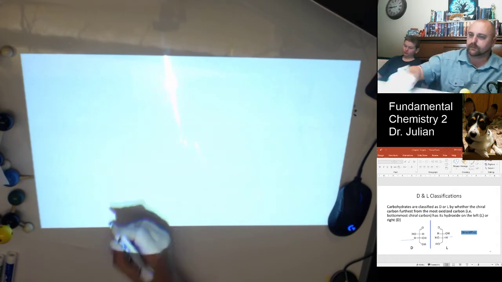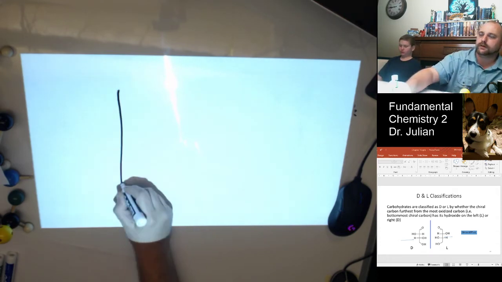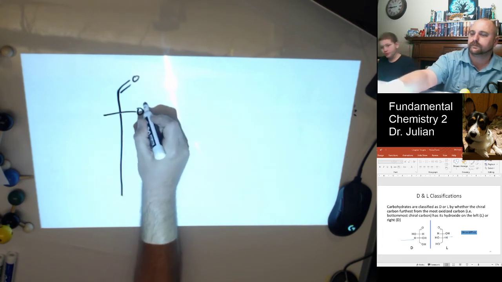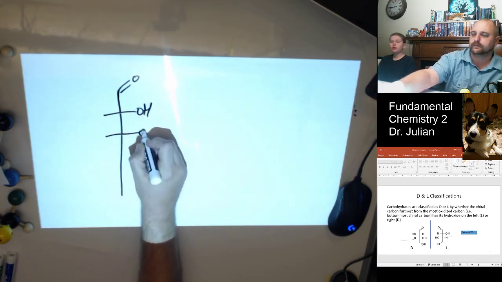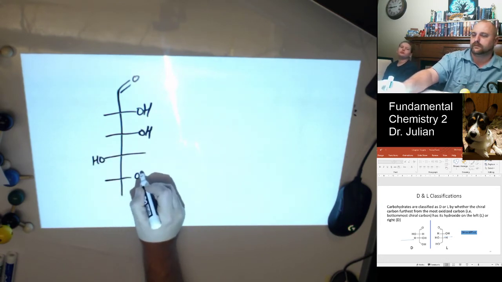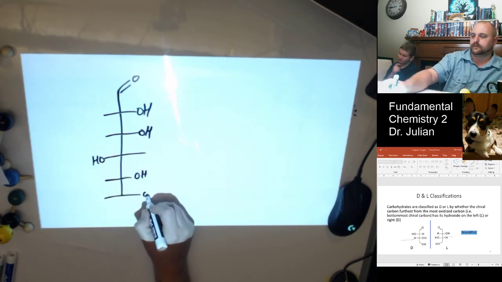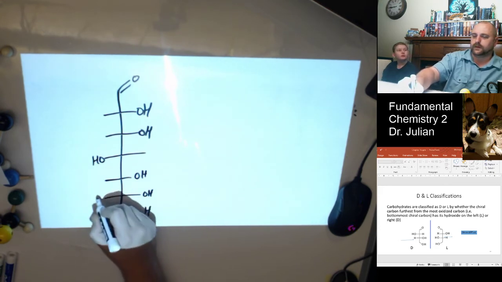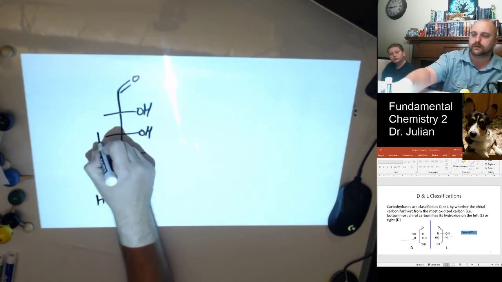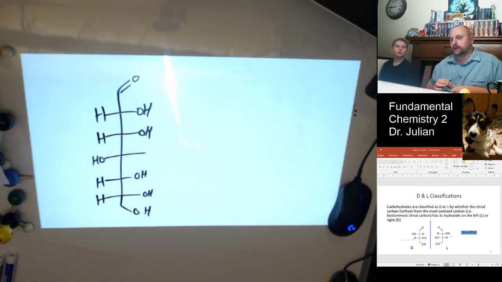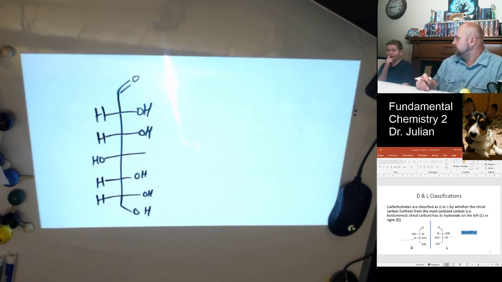If I go and make some big long sugar, oh man, what's going on with this sugar? It's got a lot. Let's see what we can describe about it. That is a D. It's a D?